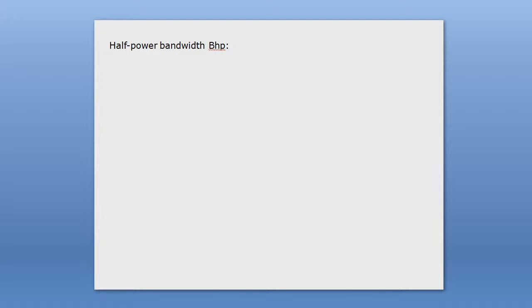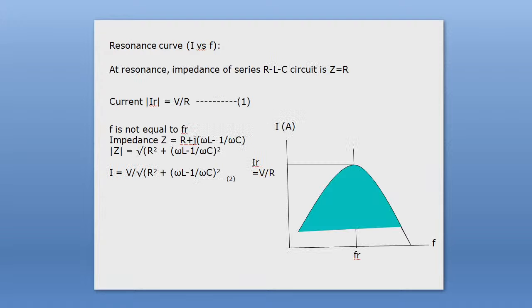In this context, let me ask you a question. For this case, this is R, V by R, resonant frequency. If you increase the R value and decrease the R value, then what type of curve will you get? Everyone look at the resonance curve.